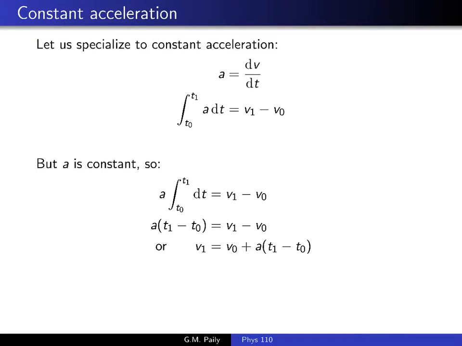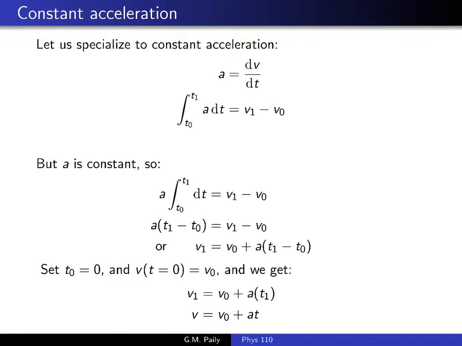Rearranging this equation, we get v1 is equal to v0 plus a times t1 minus t0. If we set our initial time t0 to 0, and if we call the initial velocity v0, then this is our equation. v1 is equal to v0 plus a times t1.